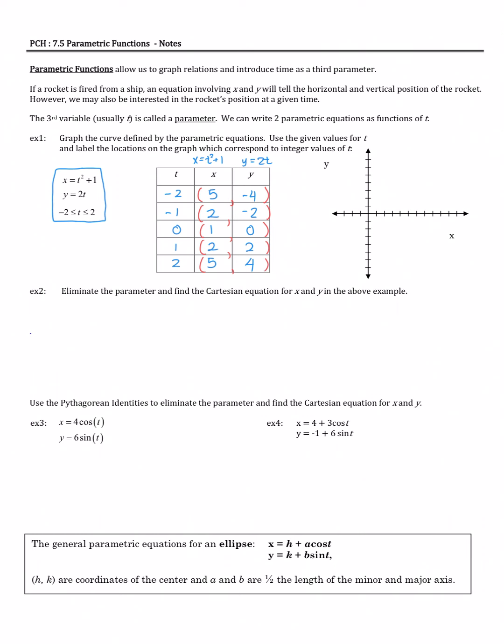So we're going to go to the coordinate 5, -4: 1, 2, 3, 4 over, and 1, 2, 3, 4 down. So that puts me about here. That's where we're starting. Then I'm at 2, -2, then 1, 0, then 2, 2, and 5, 4.